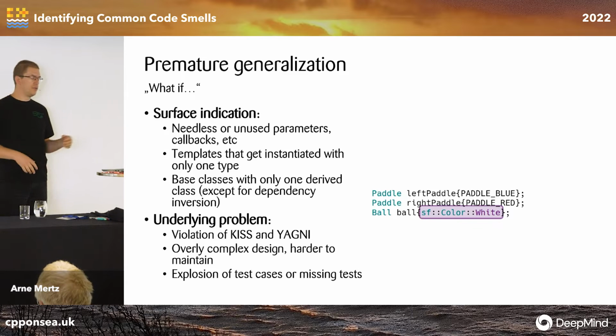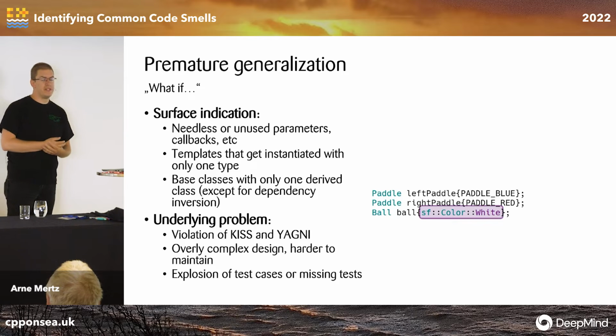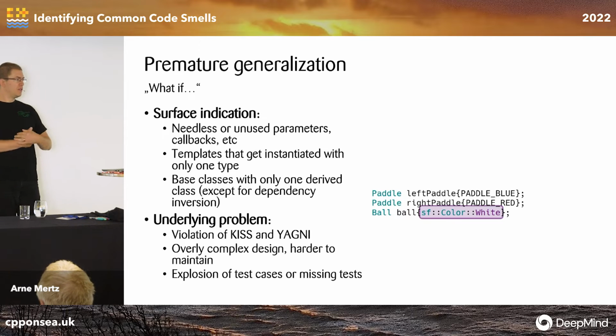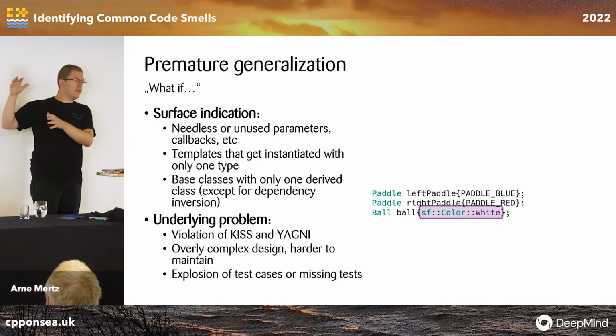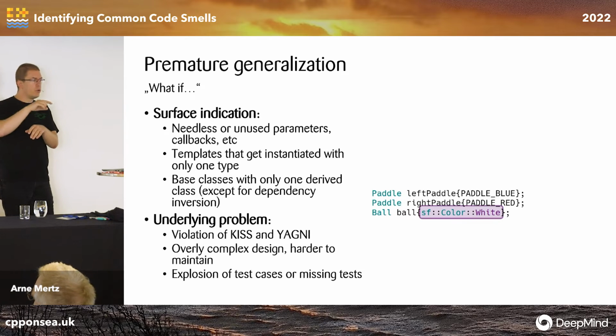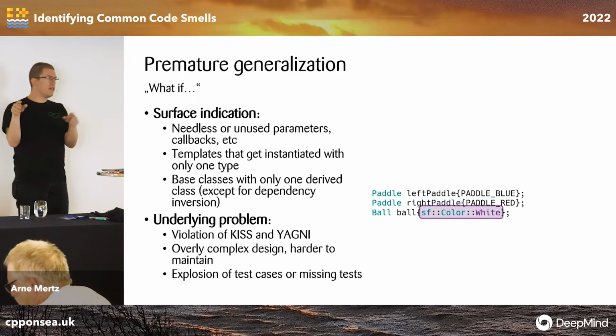So the surface indication for, more generally, the premature generalization is we have needless parameters that only ever get one single value. Maybe it's not only function parameters, but maybe it's also configuration values that we have in our configuration files, some ini files that we use to configure our program, and there's only ever one value of this configuration value used. We never use this with another configuration value.